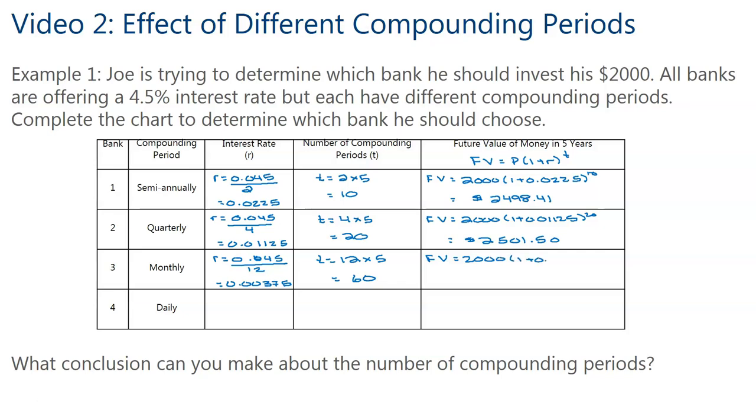So plugging that into the formula, I get that the future value at Bank 3 is $2,503.59.